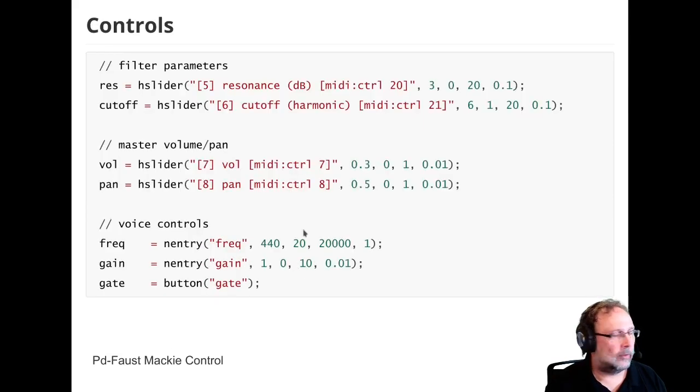But the interesting part for our purposes is the controls. So we have these filter controls here, the resonance and the cutoff frequency of the filter, and these, what is called metadata in Faust lingo, are these designations here in square brackets.